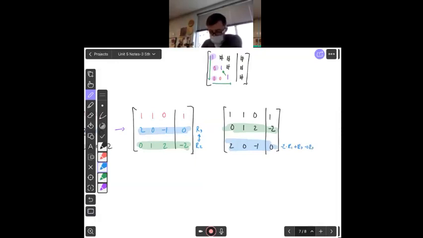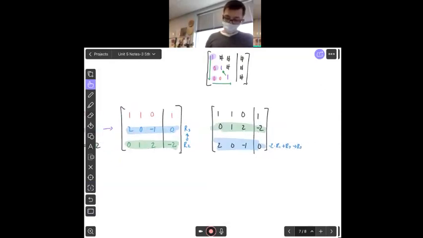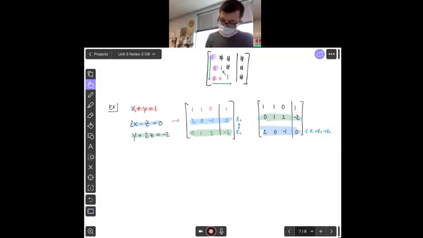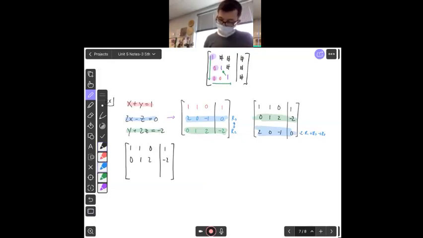That'll give us a new 3rd row. Row 1 is not changing. Write it down. Row 2 is not changing. So write it down. Then go back and worry about row 3.